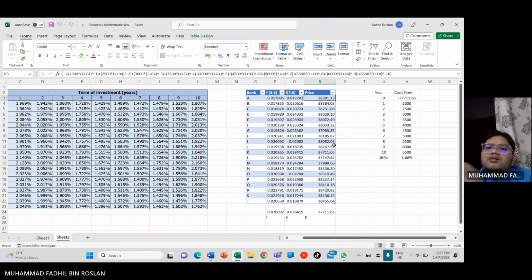Question 4, we need to find the IRR, internal rate of return. The internal rate of return is when NPV is equal to 0. This is the cash flow, and the amount at time 0 is negative because there is a cash outflow. The cash inflow is positive.